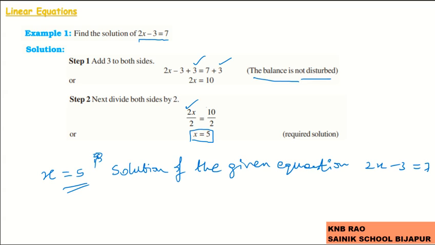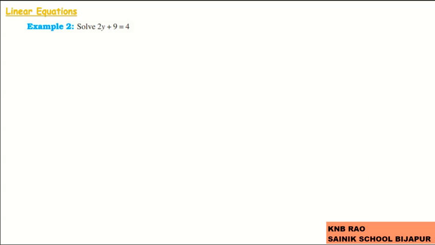So we say x equals to 5 is the solution of the given equation 2x minus 3 equals to 7. And we have seen such questions can be solved with the help of example 2.